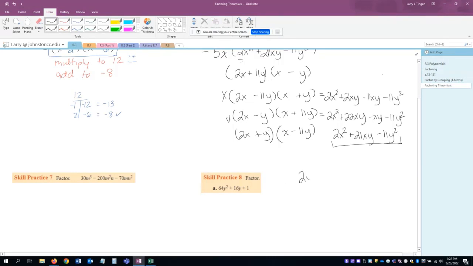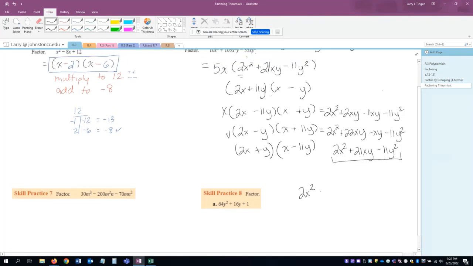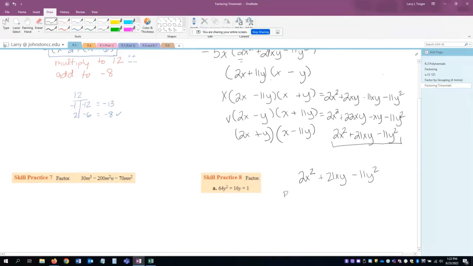So the problem that I had was after I factored, I had 2x squared plus 21xy minus 11y squared. Now, the bottoms up method, which is kind of a mixture of the AC method, lets me pretend for a second.